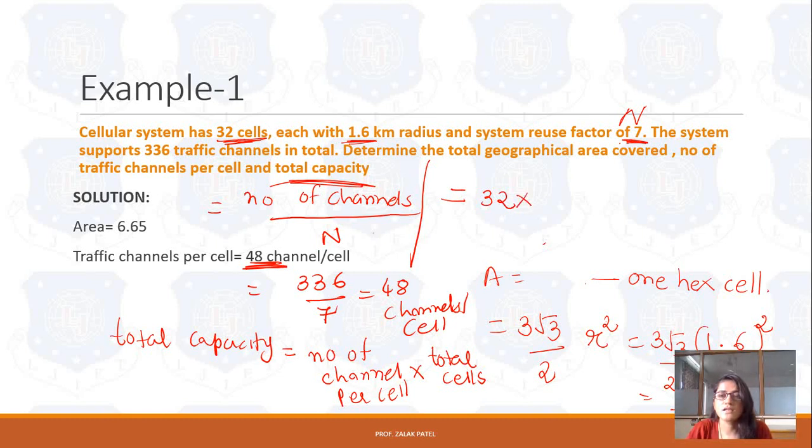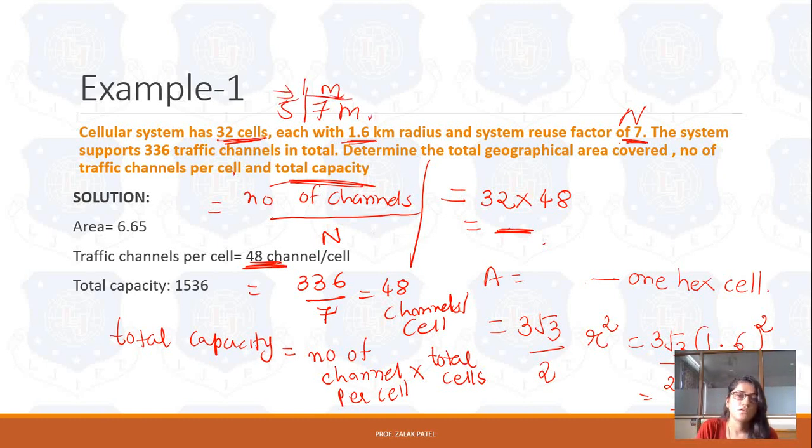So we calculate 48 into 32, which gives the answer 1536. This total capacity's unit is the number of channels. This is how one can calculate the total geographical area, channels per cell, and the capacity, but the capacity's answer is always in terms of channels. This type of question can be asked as a 5 or 7 marks example, or also as a 1 mark question.